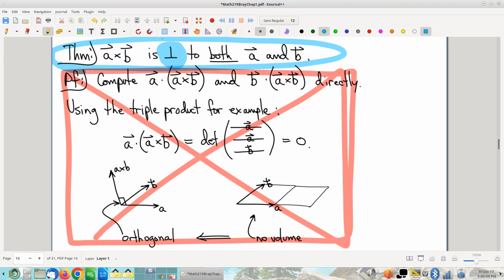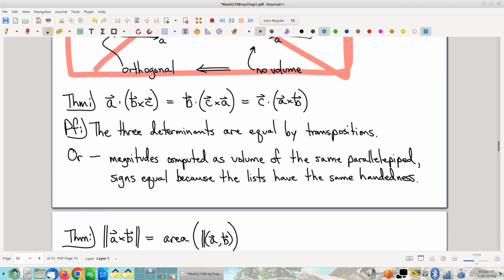Let me say that a little bit differently. If you find yourself with two vectors, A and B, and you want to find a third vector that's orthogonal to both of them, cross product. That's the move. Take a cross product.